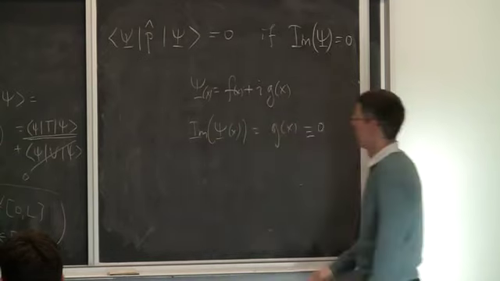The eigenvalues corresponding to these functions are E1 and E2. And the question is, if we measure energy, what are the probabilities to get this value and this value? And to make it more interesting, what is the probability of getting this value?